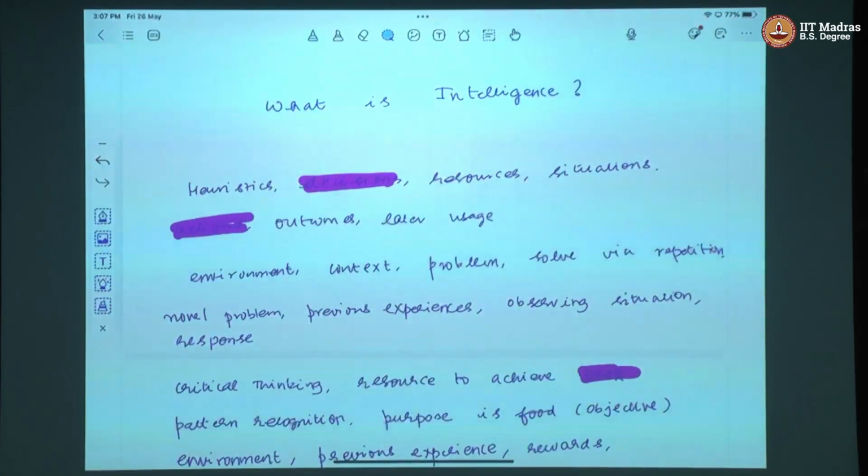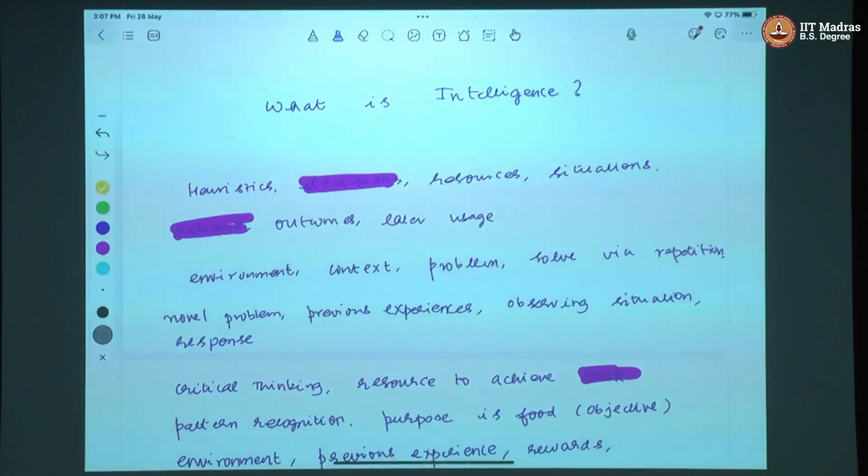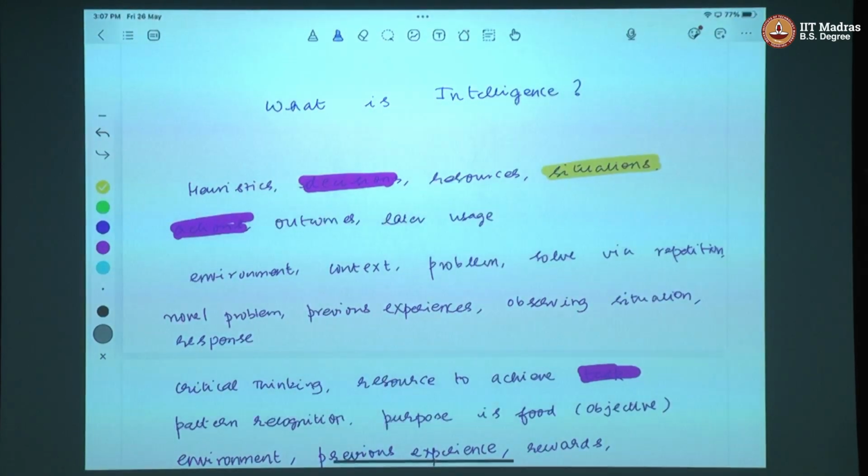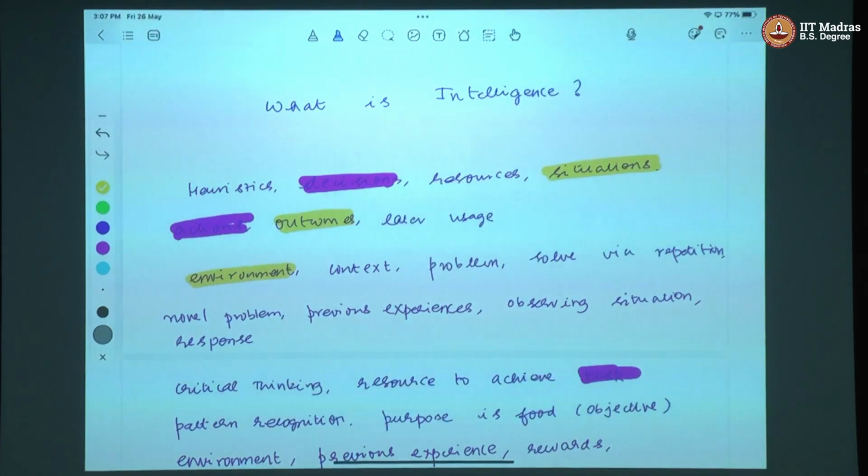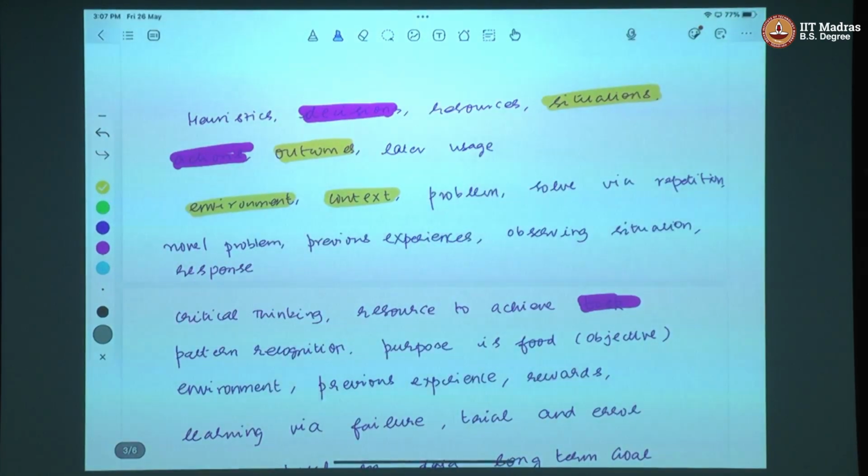Already, one of the keywords, situation, we have ticked. Outcomes, actions, decisions are ticked. Environment is there. Context is what you observe, that's the feature, so context is ticked. This problem we will come to. Previous experience we will come to.